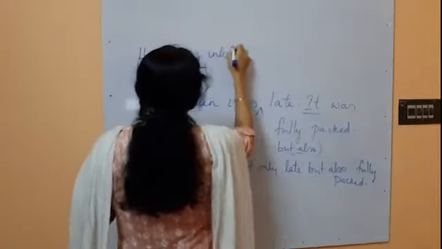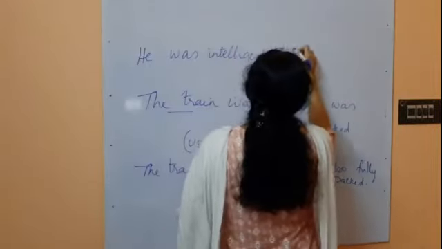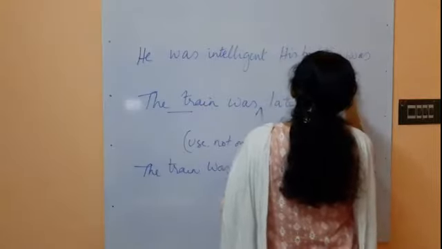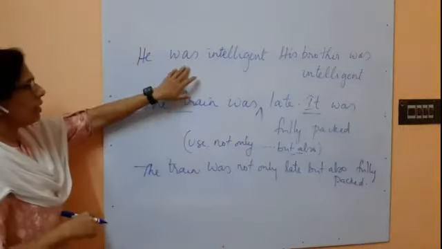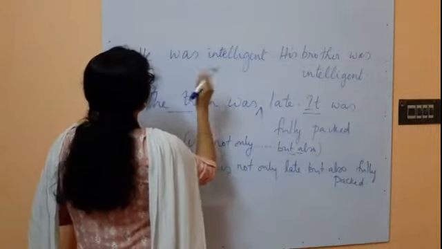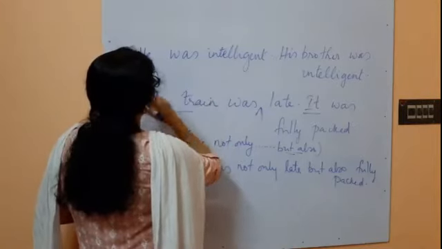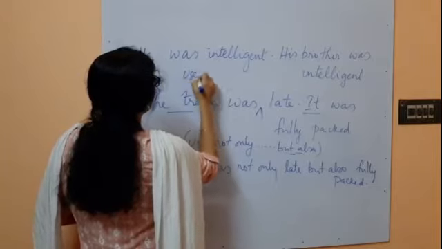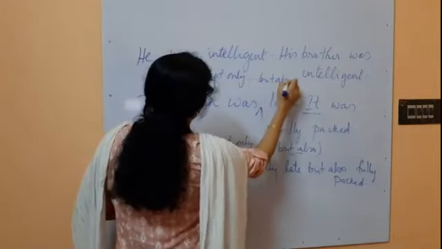He was intelligent. His brother was intelligent. So the rule difference is there. Use not only but also.